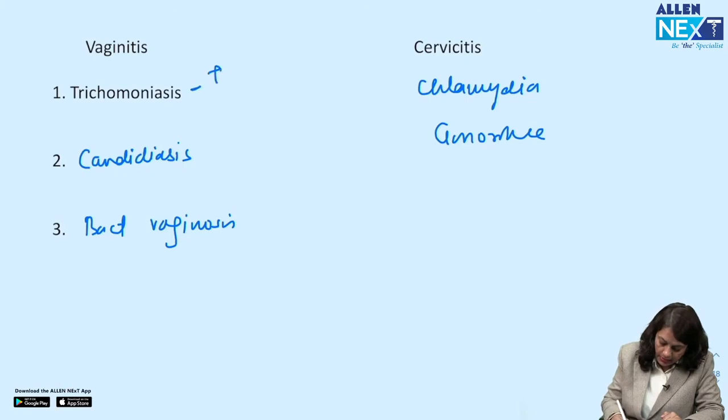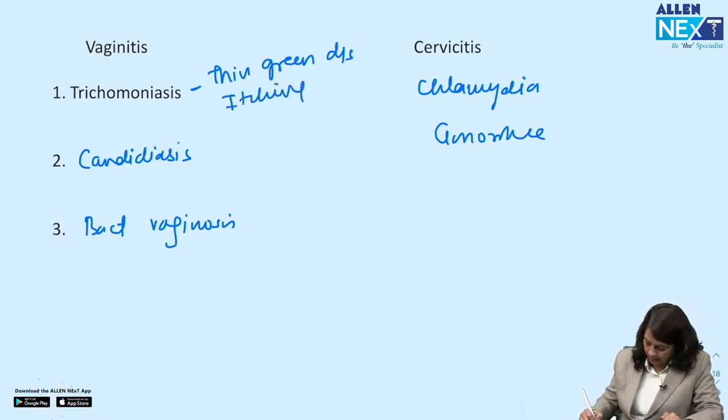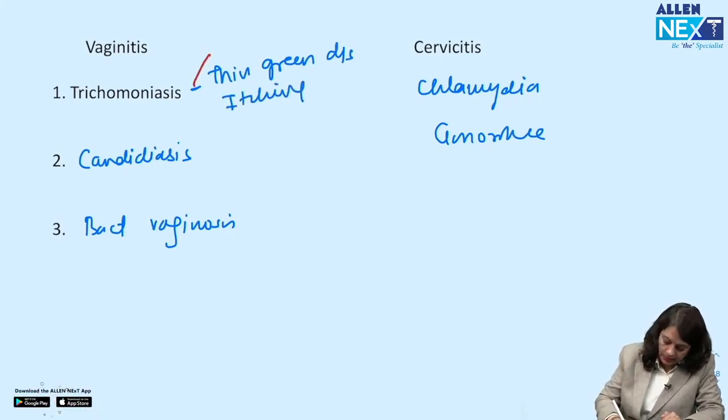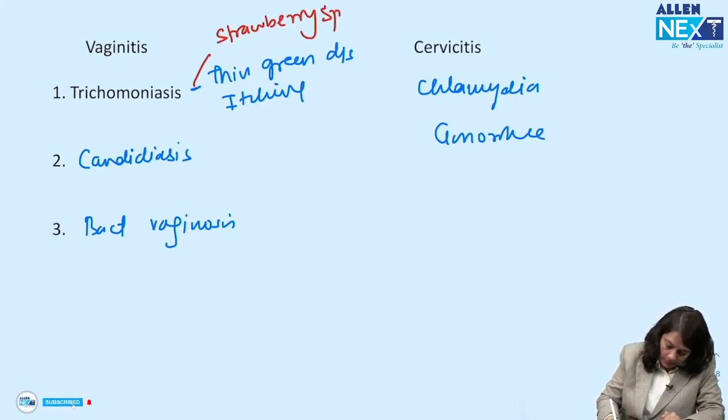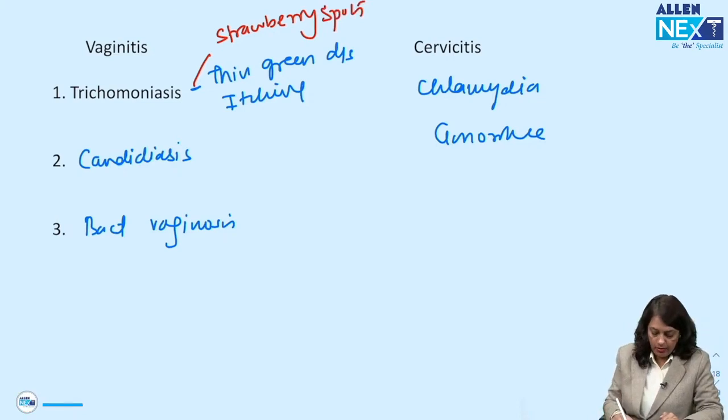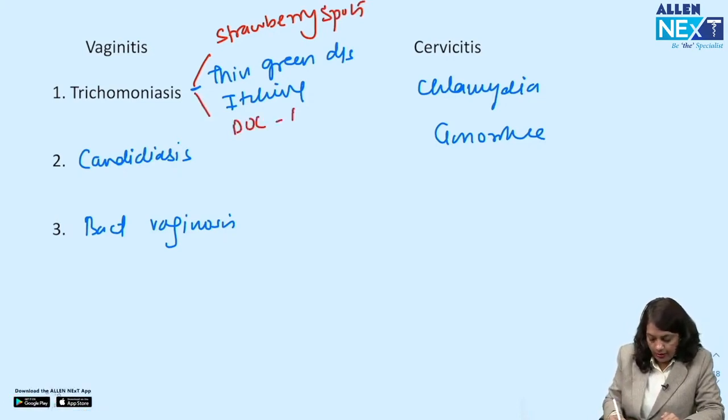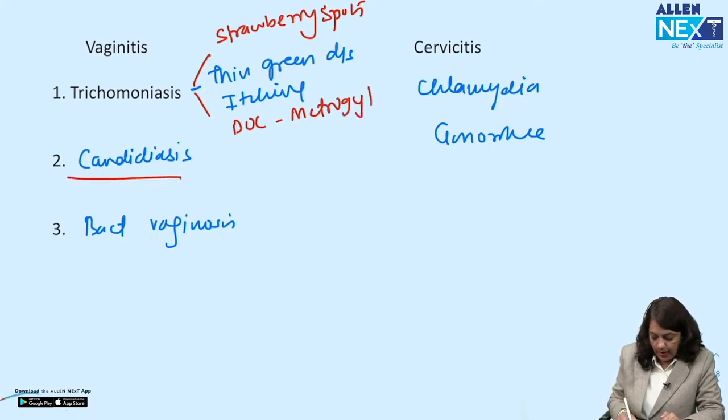Remember, it is thin green color vaginal discharge. Itching is the most common symptom, and there are multiple strawberry spots in the vagina, and the drug of choice is metrogel.